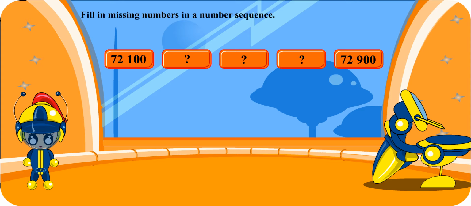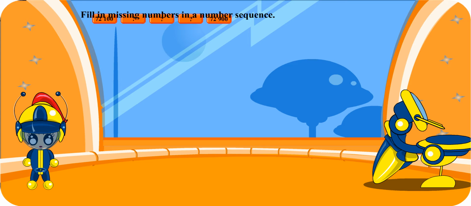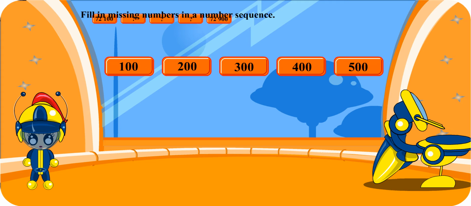Let me give you a hint. Remember that in a number sequence, we need to add a fixed number to the preceding one to get the next number. For example, in this sequence, the second number 200 is obtained by adding 100 to its preceding number 100.